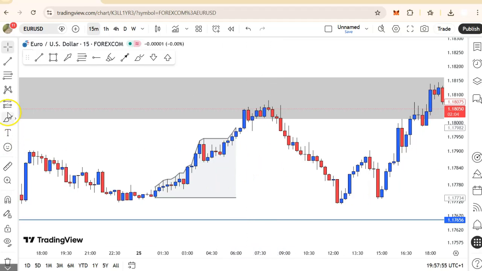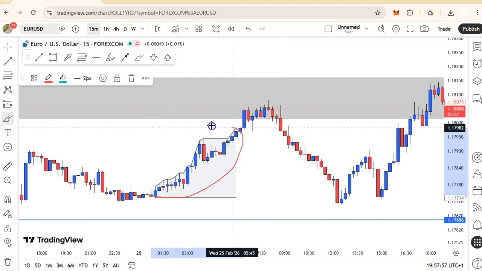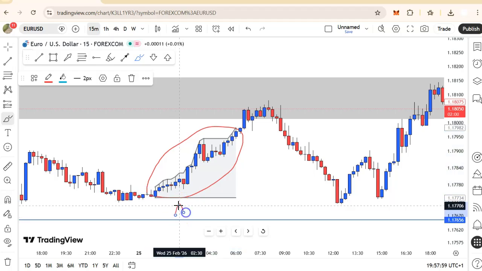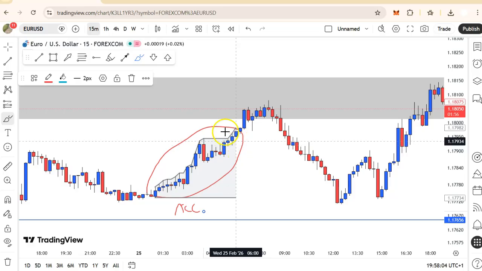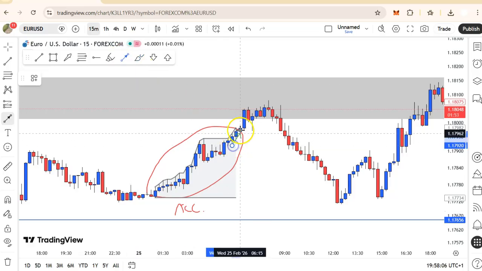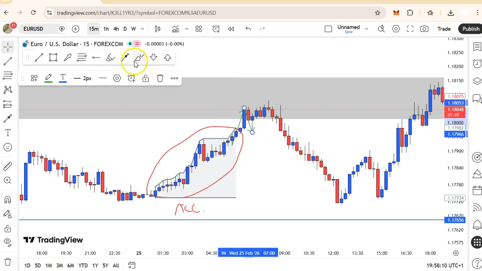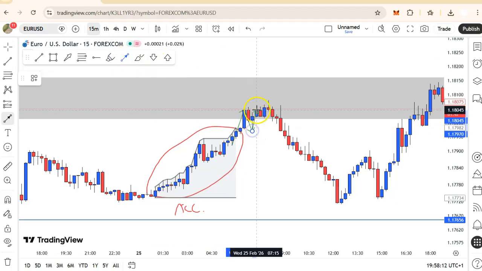That means that if this Asian session range is our accumulation, then we are looking for that manipulation area for the market to reach that higher time frame's imbalance, and we got a nice beautiful setup here.